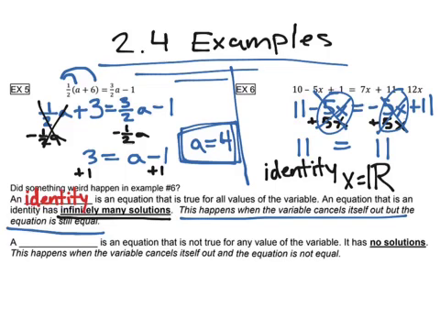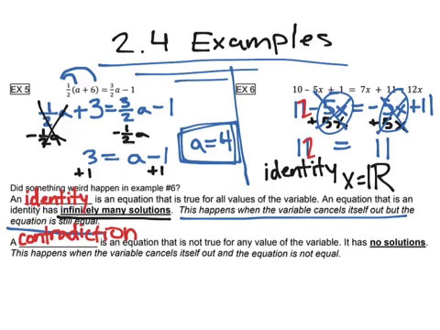The other example would be, and your other vocab word, which will come up half of the time, is a contradiction. And that would be, say, instead of an 11 on the left side, we had a 12. And it was 12 equals 11.